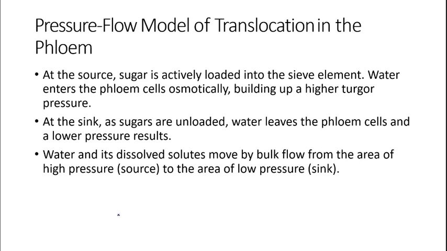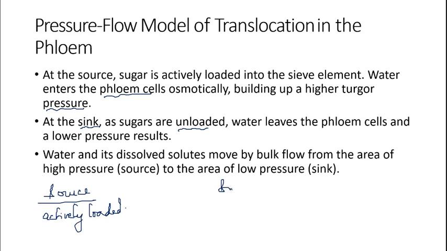When the sugar is loaded into the sieve element, water enters the phloem cells, which builds up the high turgor pressure. And at the sink, the sugar is unloaded. Towards the source region, the sugar is actively loaded. Towards the sink region, the sugar is unloaded.